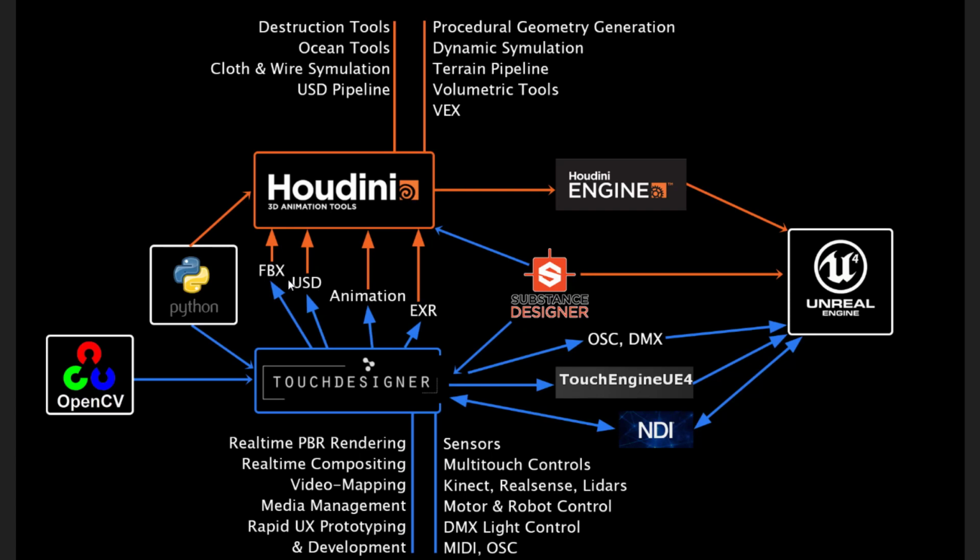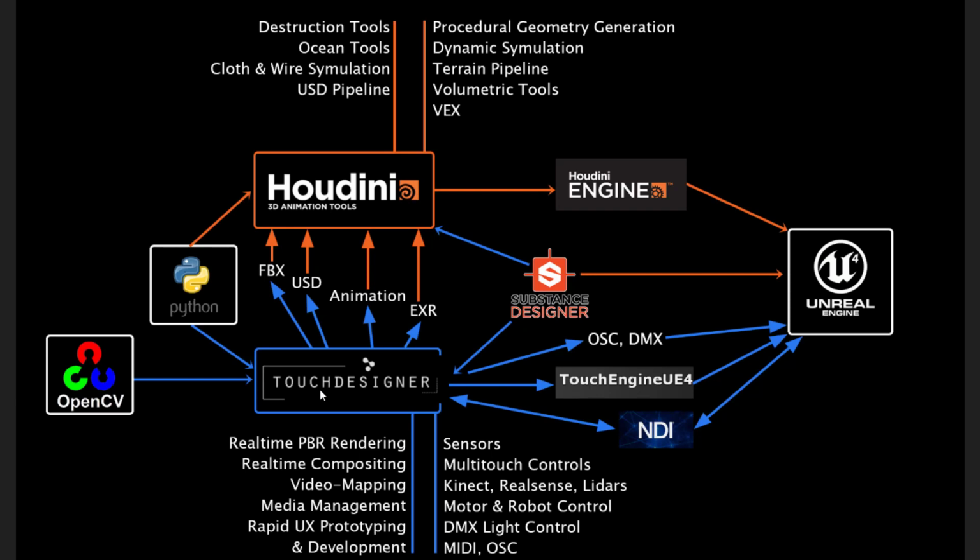There is a mistake in the diagram, so all arrows here should point in the other direction. We have FBX, USD, Alembic, and OpenEXR for sharing geometrical data and complex scene data between these programs.